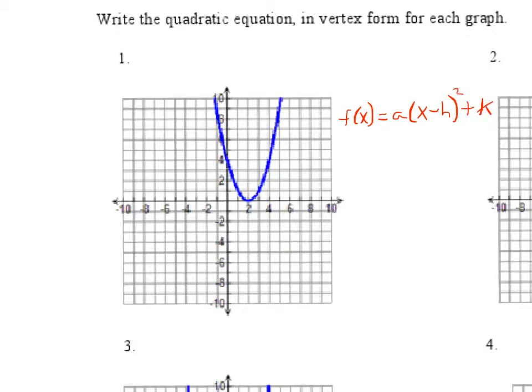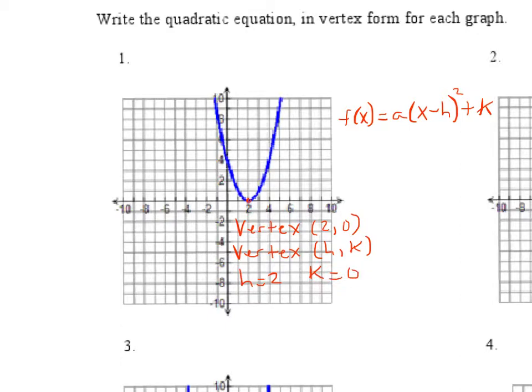So the first thing I'm going to do is identify the vertex. The vertex of my graph is sitting right here at (2, 0). So my vertex is (2, 0). So if my vertex is (h, k), then that means that h in this problem is 2 and k is 0.